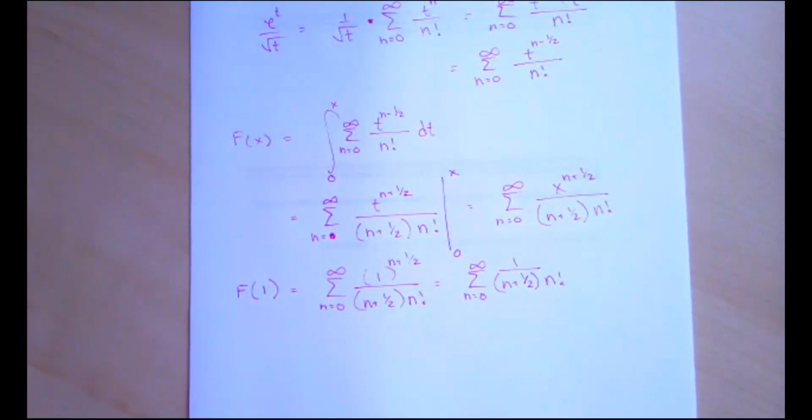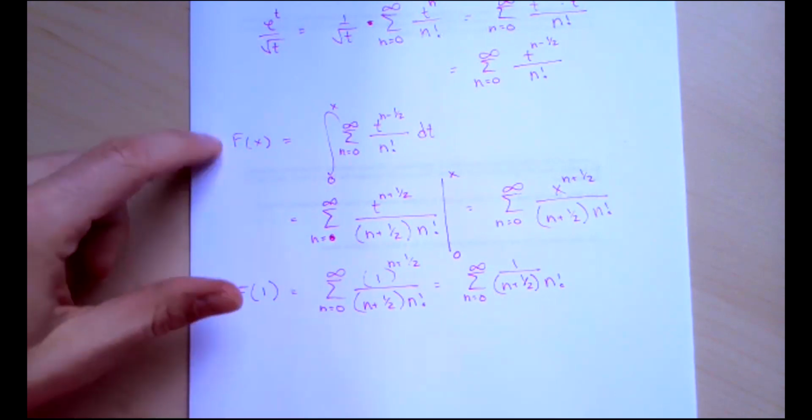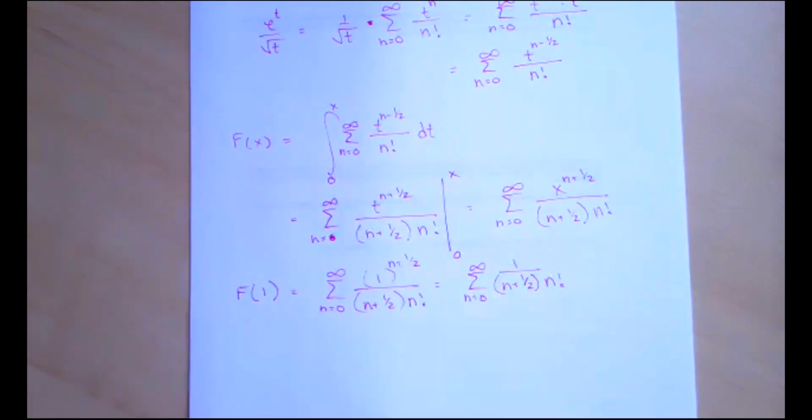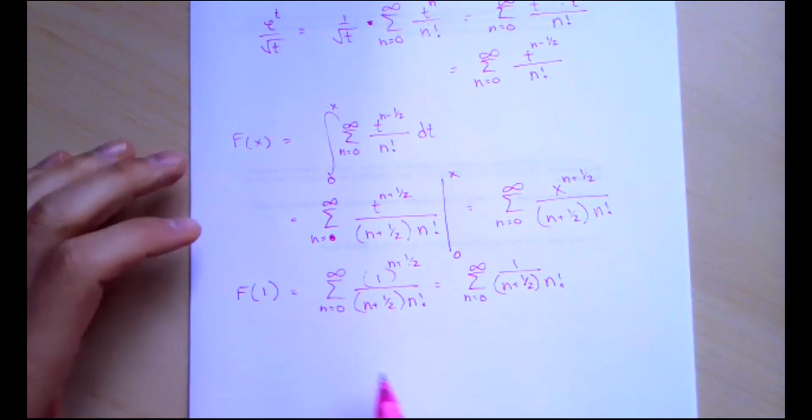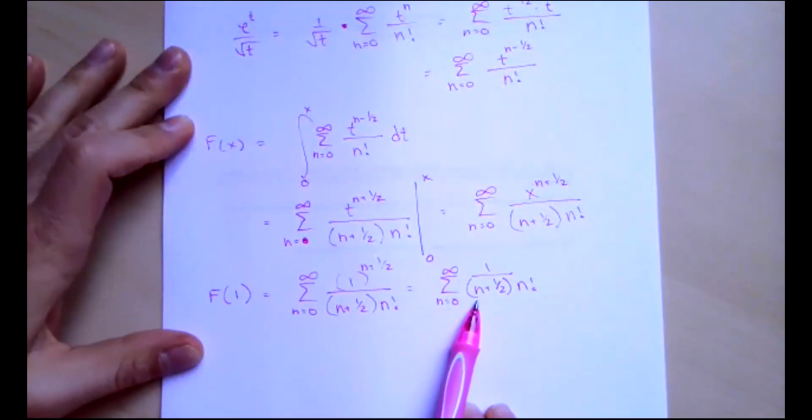Sometimes it's nice enough where it's alternating and you can use an alternating series error bound, but since it's not alternating, we would have to do derivatives of that function and do another Taylor series error bound. But we won't ask that combined with this type of question. It will be more like just find an expression for this, which would be that.